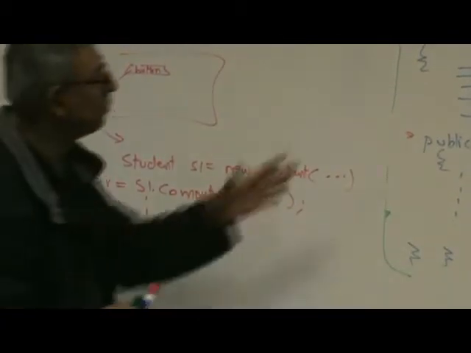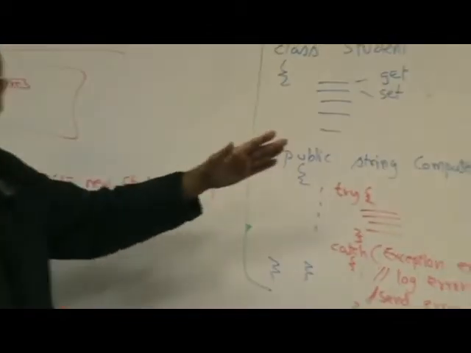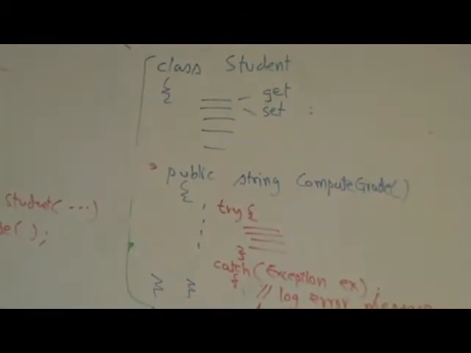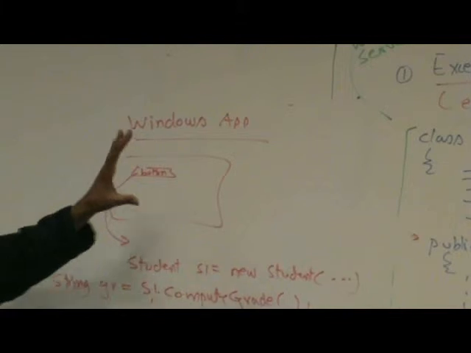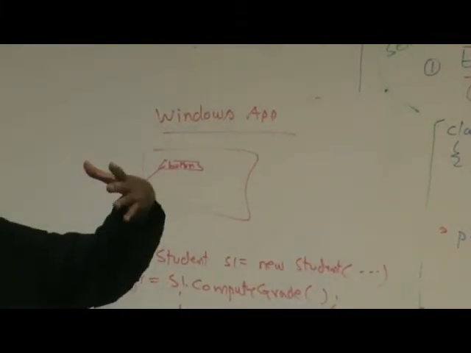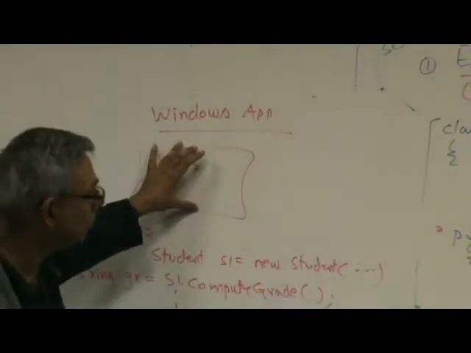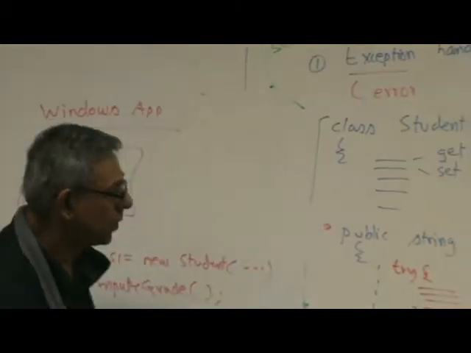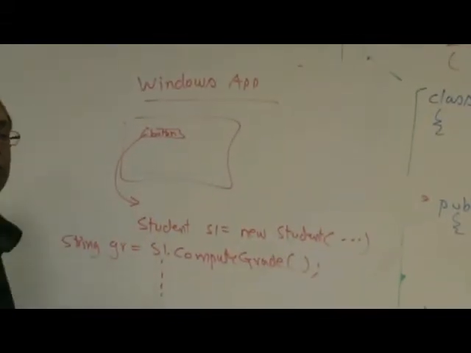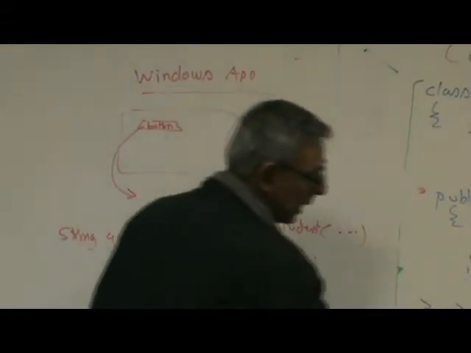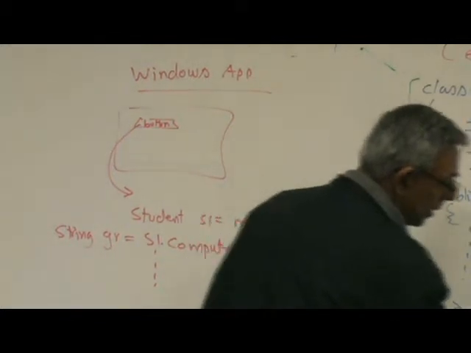Remember, whatever class we have ultimately will be called from somewhere where there's a user interface involved. So this one triggers this. So now let's send the error back over here, and because it's part of the user interface, it can display it. So how do we send the error back to the caller?